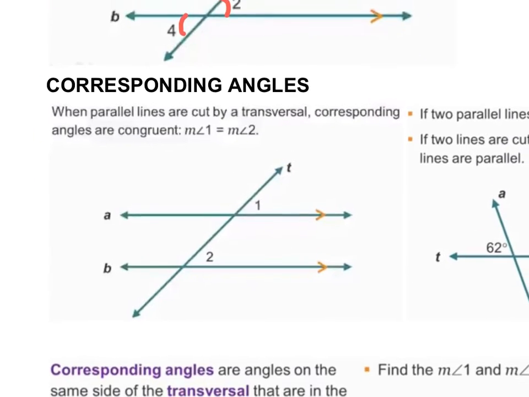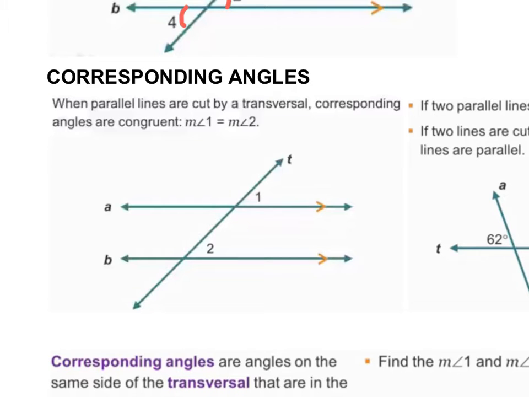All right, so corresponding angles, all right? So we talked about this in the last section, but when we're talking about parallel lines being cut by a transversal, then we can say that corresponding angles are congruent. So over here, corresponding angles are congruent, all right? And it's important that we know that in this scenario, okay?